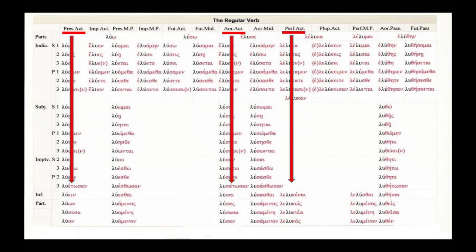So once you learn that key to unlock that door, wherever you see that reduplication, it's pretty much going to tell you you've got a perfect, unless you're dealing with didōmi, but you'll know the difference. The other way is to look at the endings. So: present, aorist, perfect.